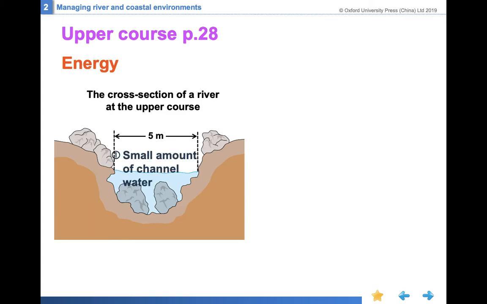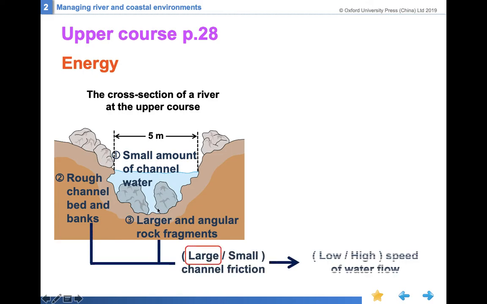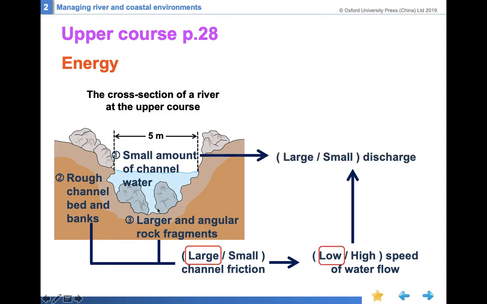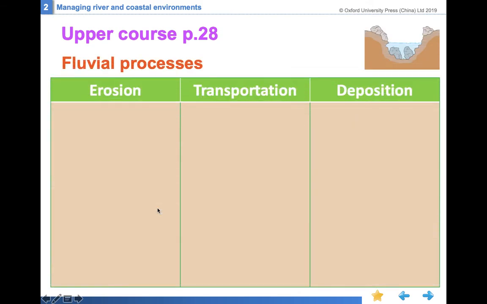For the upper course, you could see here the water is less, and very rough riverbed and riverbanks, and they are angular in shape for the rock fragments. All this will lead to a large channel friction and thus a very low speed of the river flow, and cause small discharge and little river energy.